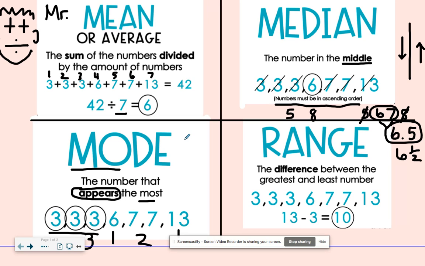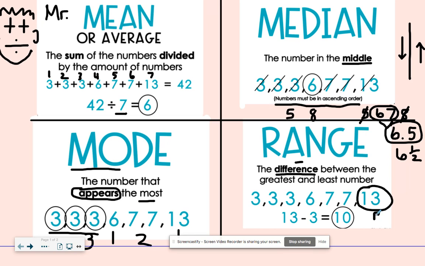Our very last definition is range. Range is when we find the difference. When we talk about difference, we are talking about subtraction from the biggest number to the smallest number. So if we put our numbers in order from smallest to greatest, we can find our biggest number, which is 13.